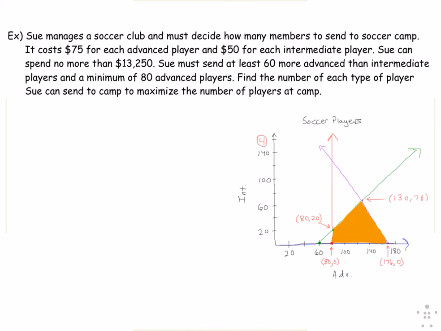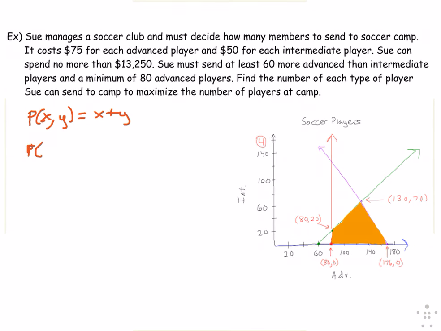A bivariate, like it sounds, has two inputs, an x and a y. So I'm going to rewrite as P of x, y is equal to, remember our objective function was simply x plus y. And so now I'm going to substitute in those ordered pairs. So P of 80, 0 is literally just 80 plus 0, or 80 players get to go to camp. Remember, we're trying to maximize the number, so let's keep going.